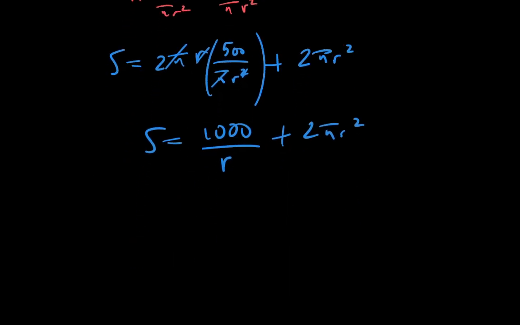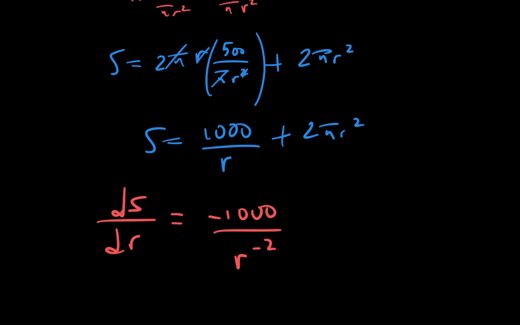Now we can take the derivative, dS by dr, and with the power rule, this is 1000 over r, or 1000 times r to the minus 1, so that would be minus 1000 times r to the minus 2, which is minus 1000 over r squared, plus 4 pi r.